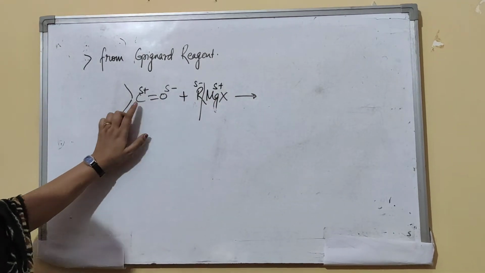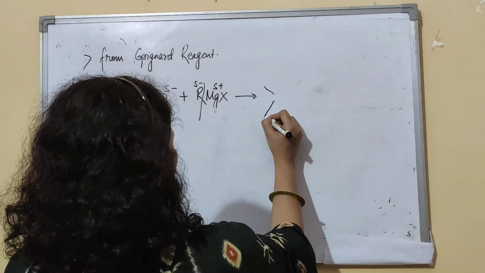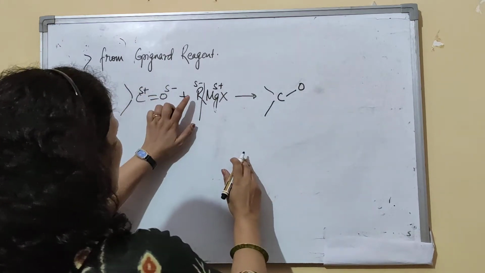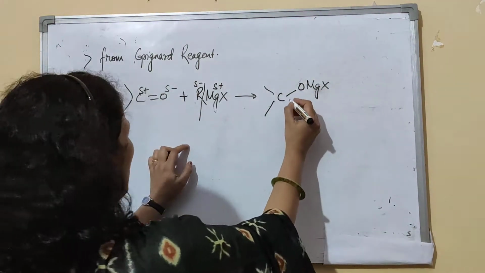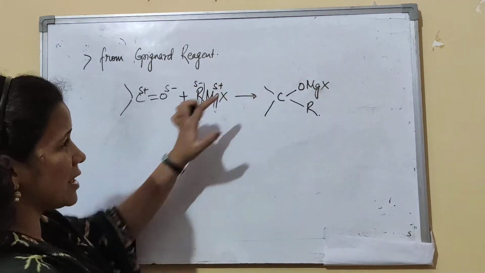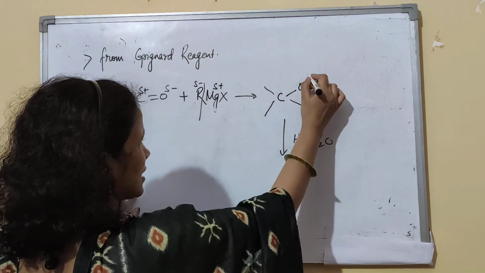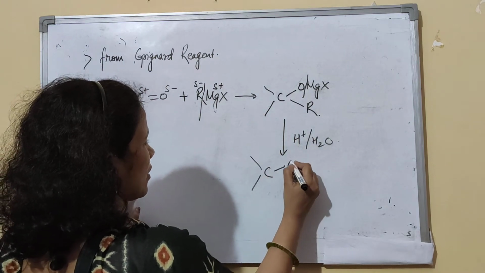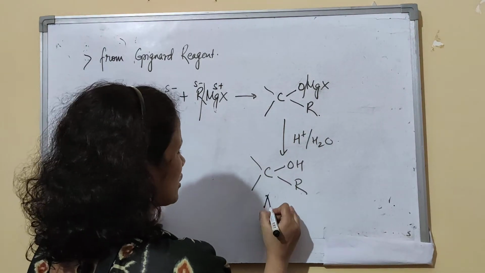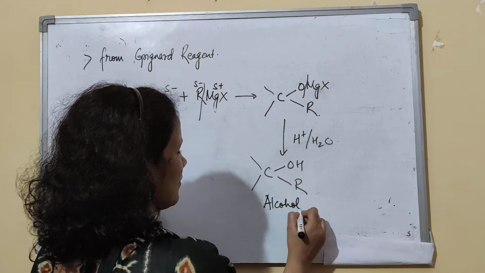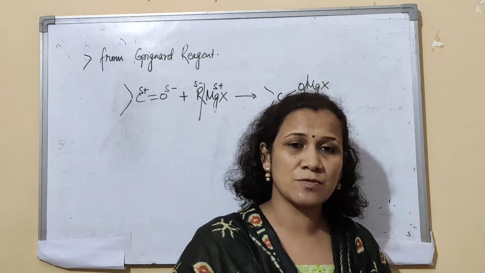So we will attach the positive part to this, and it will become O-MgX with R. This is an intermediate step. We do acidic hydrolysis, and this gets hydrolyzed to C-OH and R. So you increase one carbon, and this will be the corresponding alcohol. That is the general method to prepare alcohols from Grignard reagent.